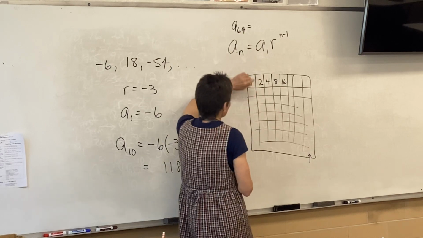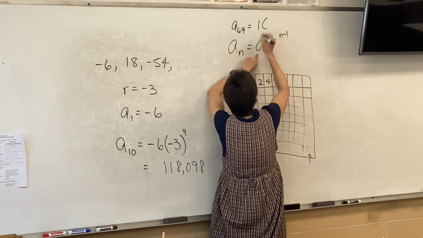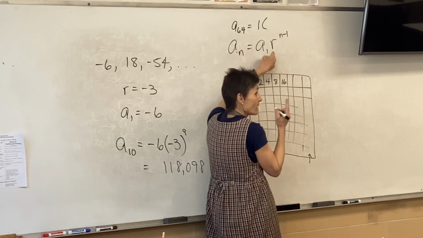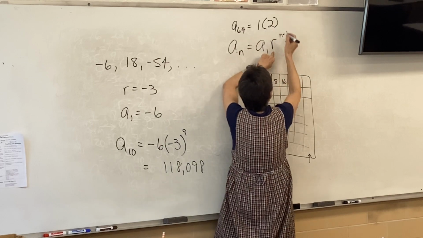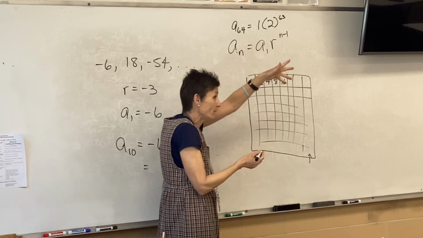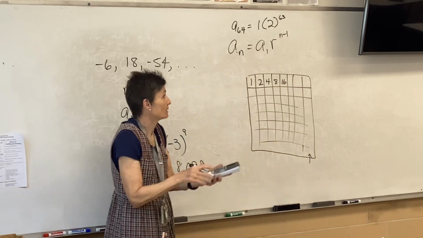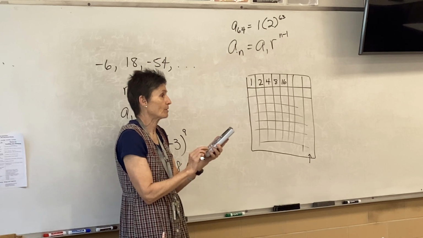So what does my formula say? Take the first term, which is 1, multiply it by the ratio, which is 2, to the 63rd power, 64 minus 1. Let's type that in on our calculator. Basically, it's 2 to the 63rd.